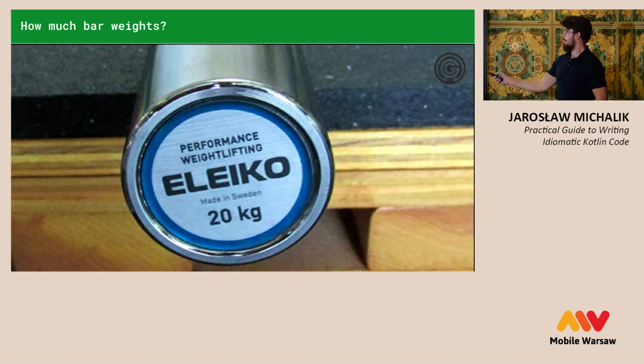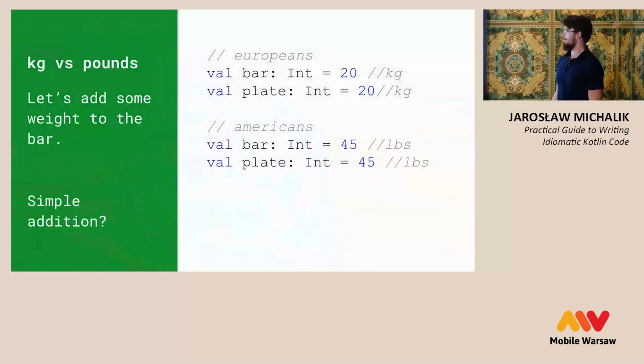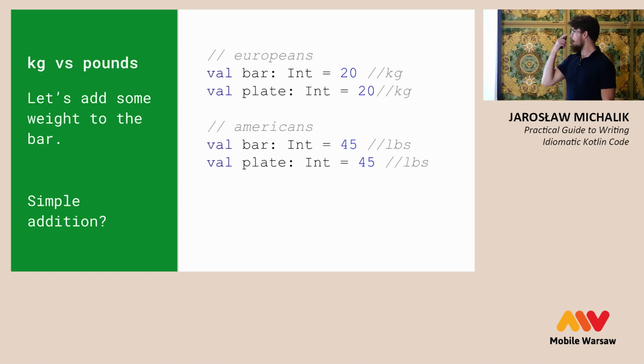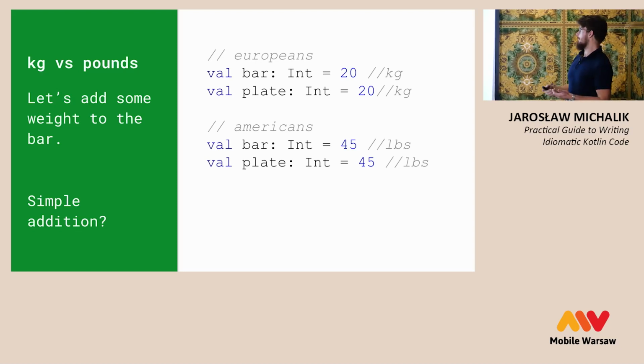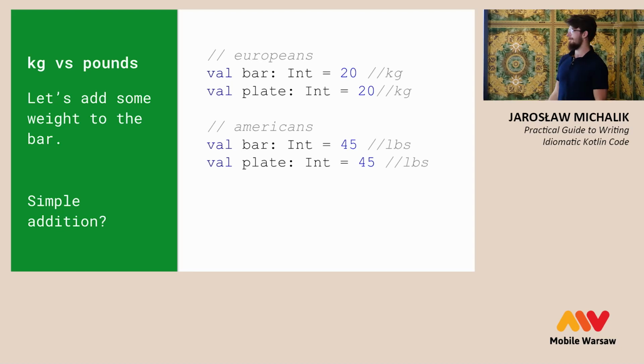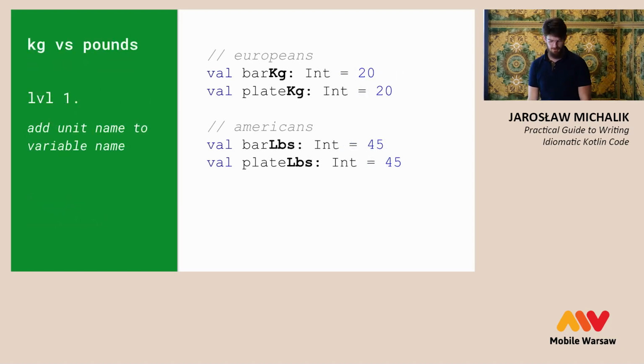Okay, so we have 20 kilos or 45 pounds. If we write this in the code as integers, okay, well, we have 20 kilos and we can somehow add this to another integer, 45 pounds. So what can we do to avoid that kind of errors?